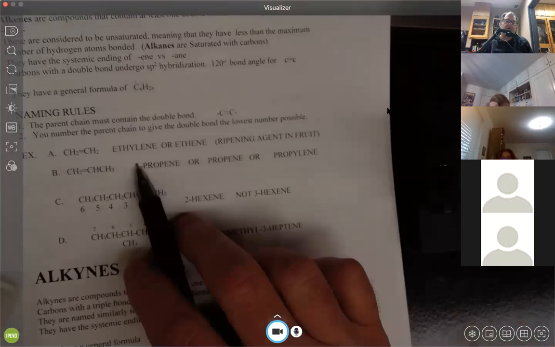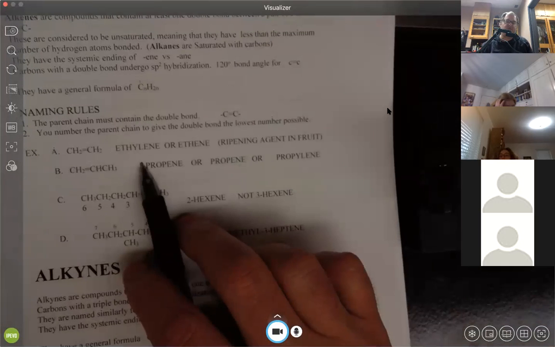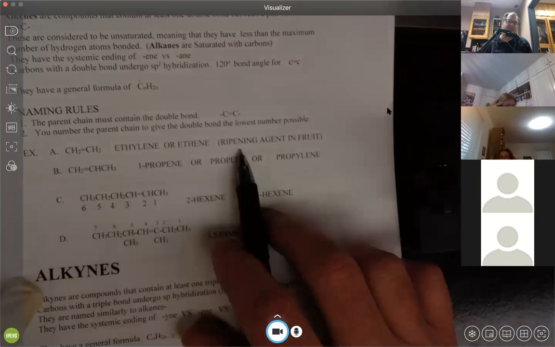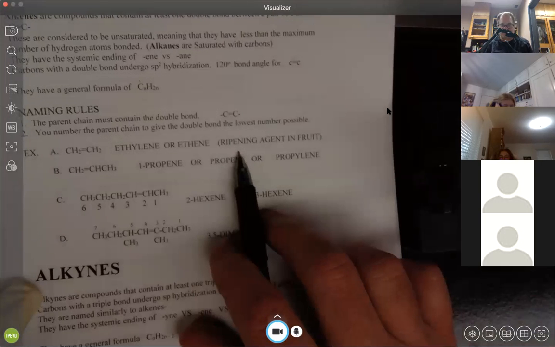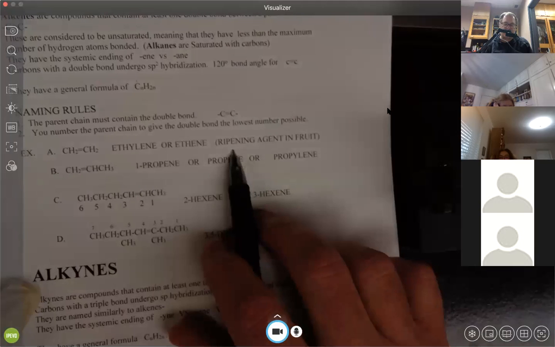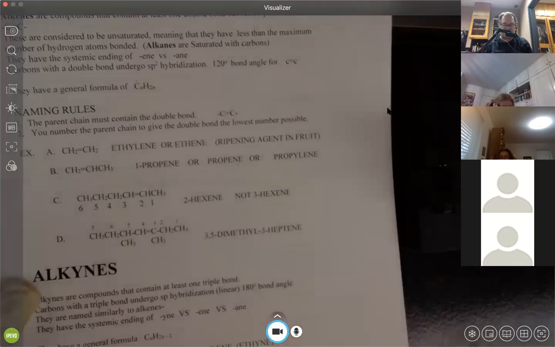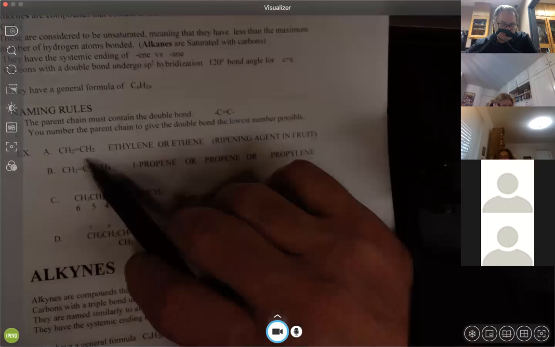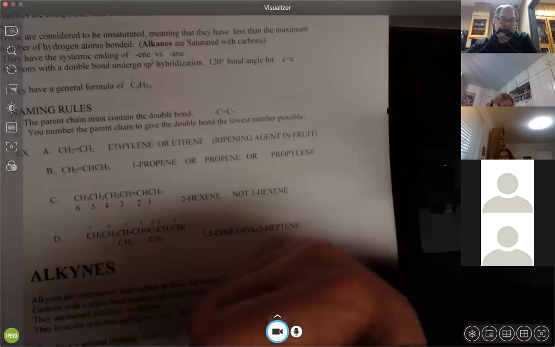Ethylene, that's given off by fruit as it's ripening, and it causes the other fruit to ripen. Or they can use it if they have fruit that they picked early, and then they can expose it to that and make it ripen.